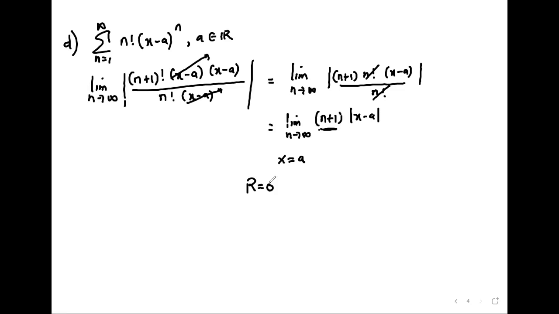Otherwise, because n blows to infinity, this part blows to infinity. So we only have convergence when the radius is 0, and the interval is just a point, a less than x less than a.